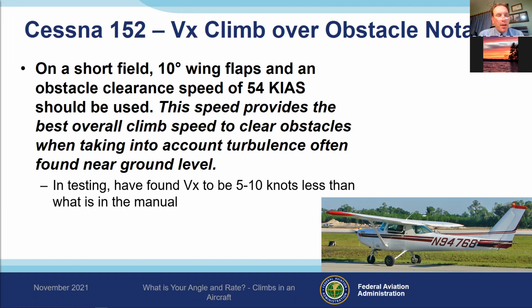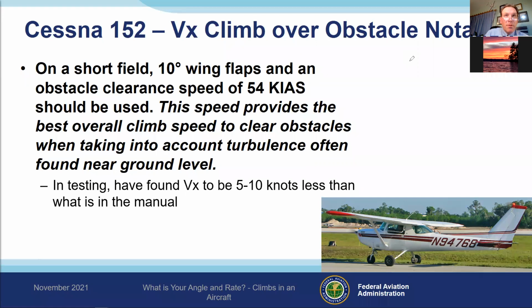And I specifically bring this up because over the years I have done flight testing type stuff in Cessna 152s, and consistently, whether it be in the clean configuration or even more so with the 10 degrees of flaps down, I've found the best angle of climb to typically be about 5 to 10 knots slower than what's published.